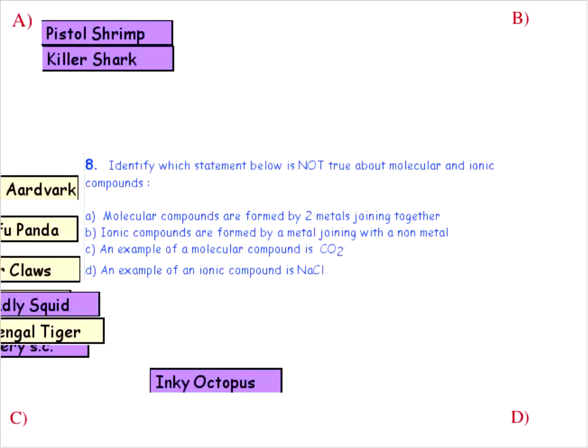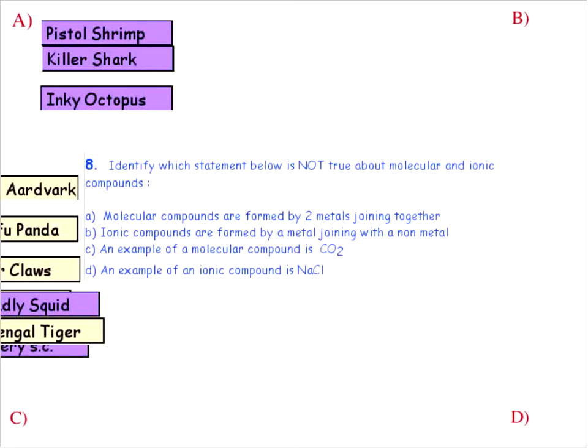Pistol Shrimp has answer A. Killer Shark has answer A. And Inky Octopus, are you on answer C? Alright, well, it looks like sea creatures got it right, because everybody else chickened out. Just kidding. Okay, so that's another one for the sea creatures. If you don't play, you can't get it right, guys.